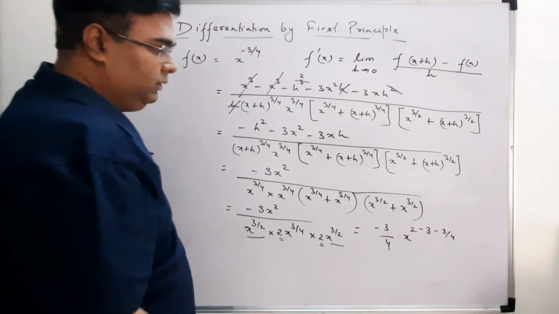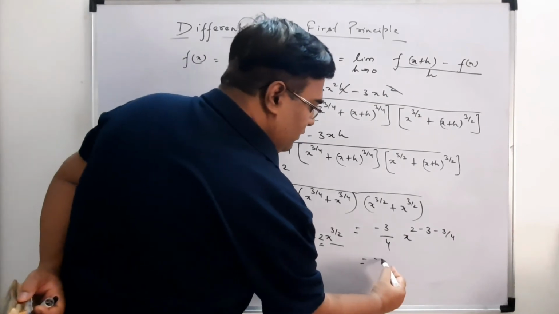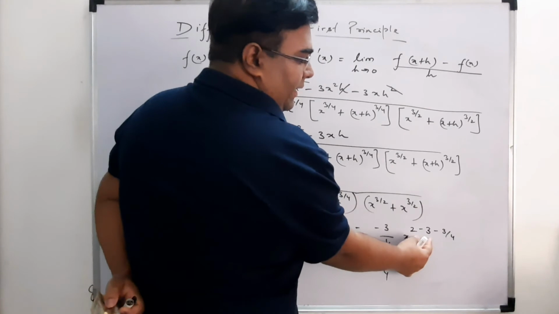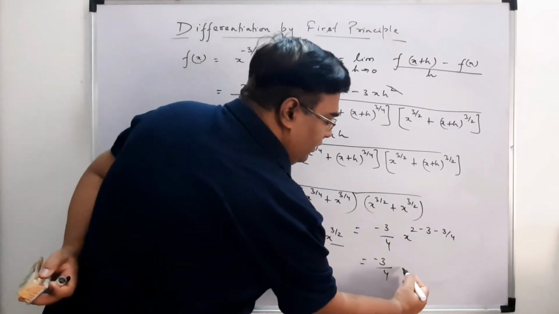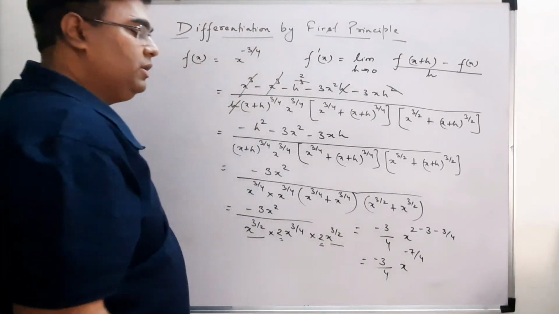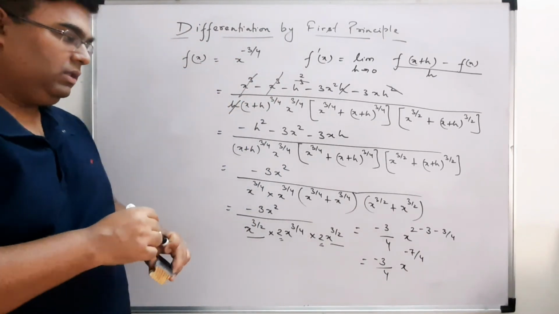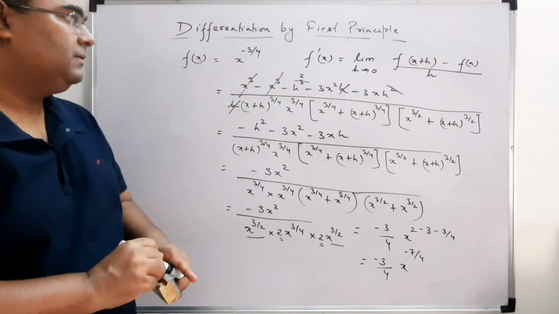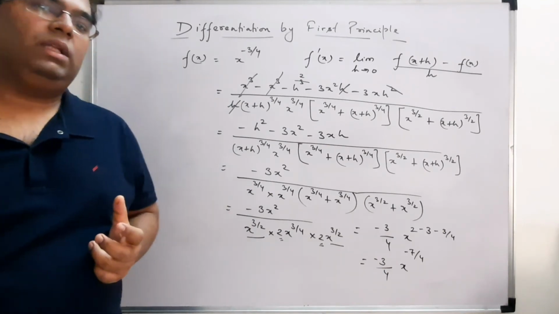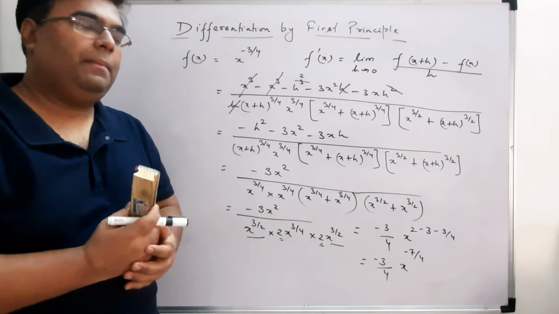So you will get your answer as minus 3 by 4, 2 minus 3 is minus 1, and then when you simplify you will get x raised to minus 7 by 4. This is my final answer, right? So this is how you differentiate using the first principle method.